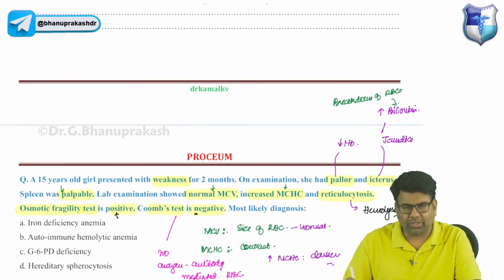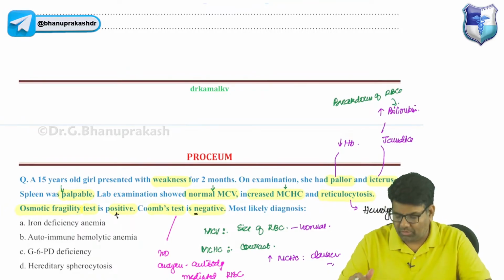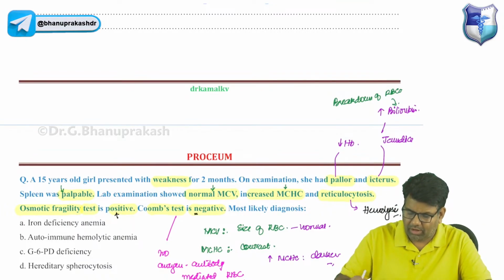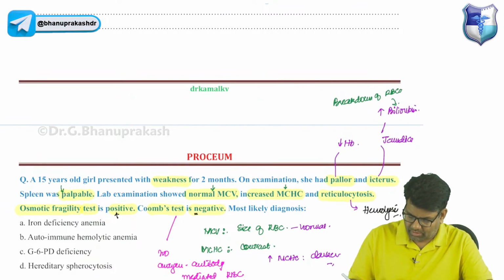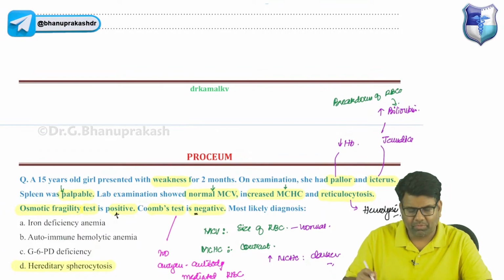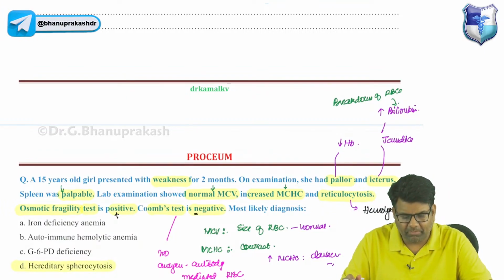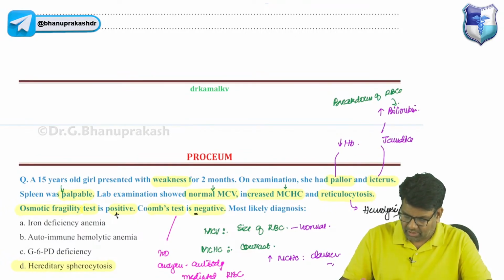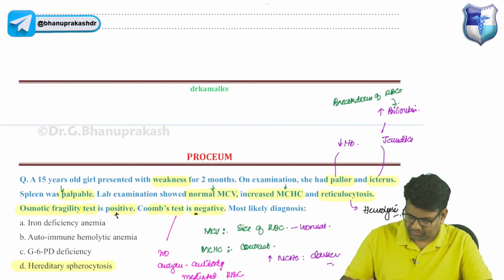So the RBC destruction has no immunogenic role. Now with this whole presentation, the best answer we can make out is hereditary spherocytosis.